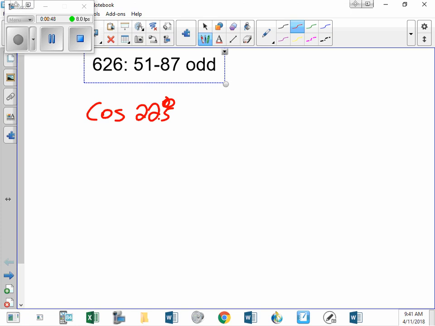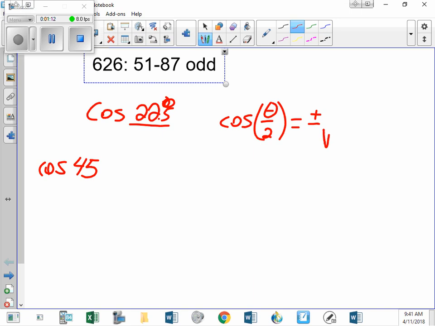So I don't know what the cosine of 22.5 is, but I do know what the cosine of 45 is. So the cosine of theta over 2 is equal to, this is on the top right of your reference sheet, plus or minus the square root of 1 plus the cosine of theta, all over 2. And notice that the 2 is under the square root.